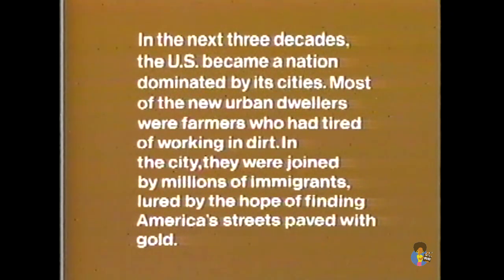In this case, the writer is trying to emphasize the causes rather than the effects, as you will see in a second. Now, in this paragraph, there are 2 causes and 1 effect. People tired of farm work and immigrants hoping for a new life moved to the cities, which caused a population explosion.